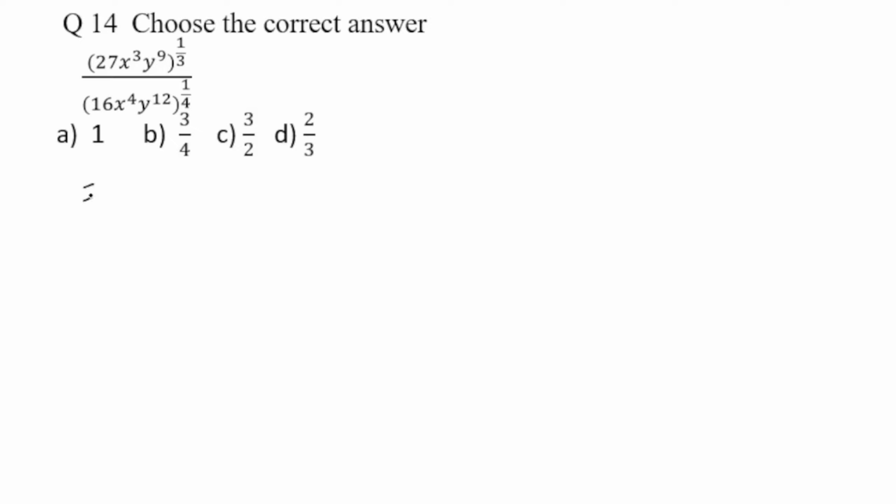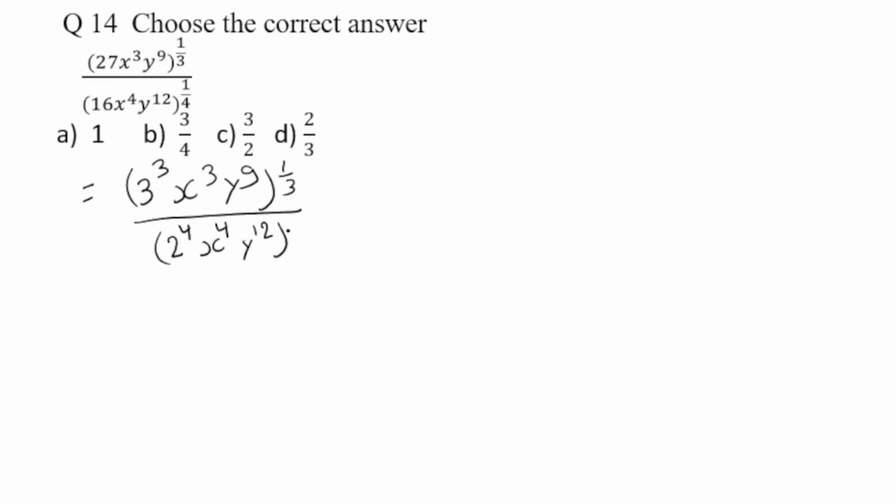We can write 27 as 3 to the power 3, x to the power 3, y to the power 9, to the whole power 1 by 3, divided by, similarly in denominator, we can write 16 as 2 to the power 4, x to the power 4, y to the power 12, to the whole power 1 by 4.